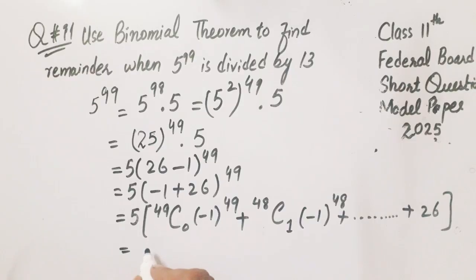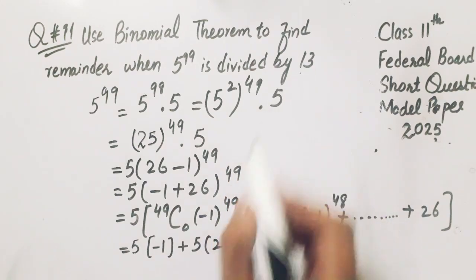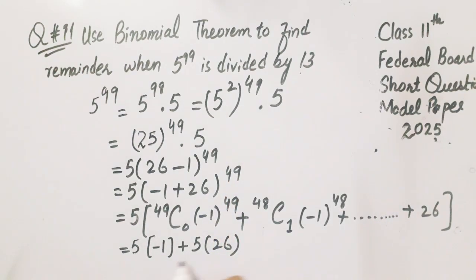So this will be equal to, now we will write this as 5 into minus 1, and then plus 5 into 26. We have to divide this by 13. So we will write this as 5 into 26 and then minus 5.